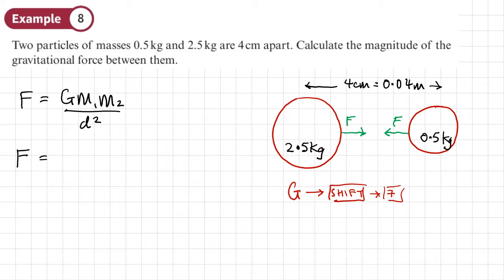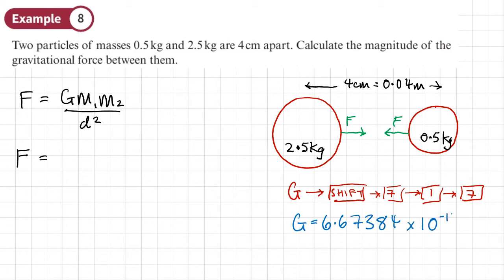This is a universal constant, so we're going to press 1, and then you'll see G is number 7. If you press 7, it will come up with a capital letter G, press equals, and I will see that G is equal to 6.67384 times 10 to the power of negative 11. So you don't need to memorize it, it's there on the calculator.